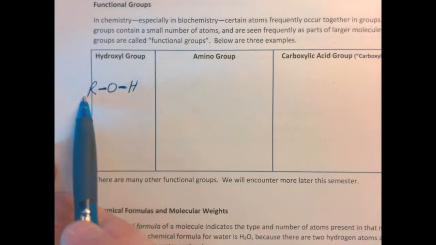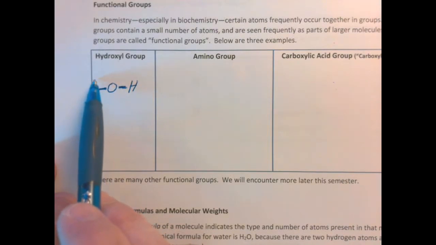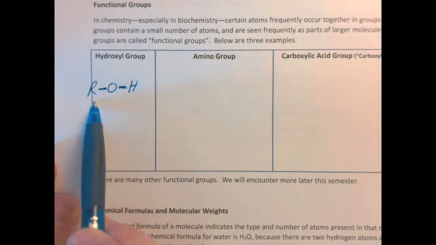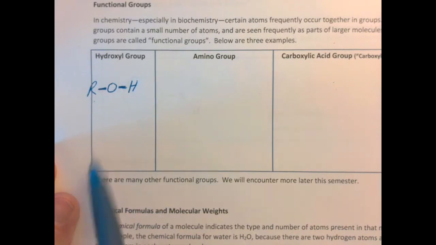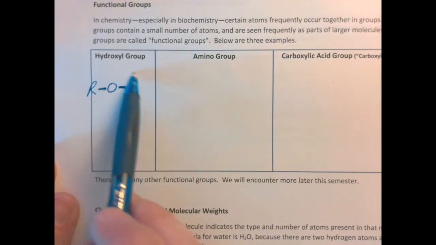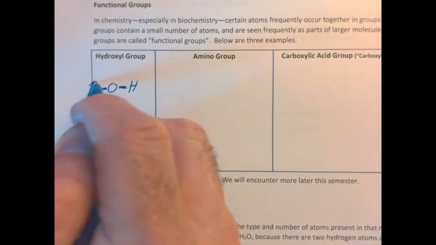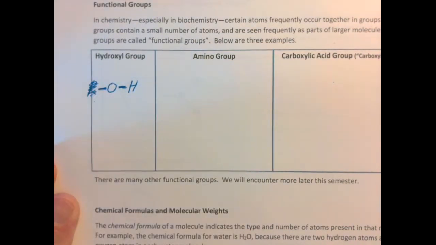I just am not saying who it is right now. I don't want to be that specific right now. So I'll just put an R there as a place filler just to note that, yes, I know something's supposed to be there. So some people will draw a hydroxyl group like this. Some people will simply omit the R and just leave it like that. And for our purposes this semester, either way is fine.